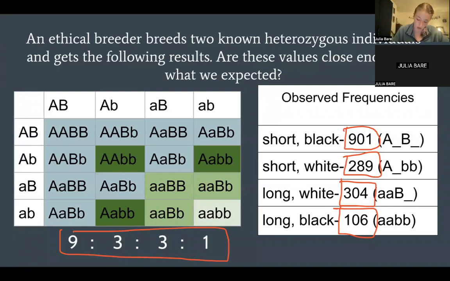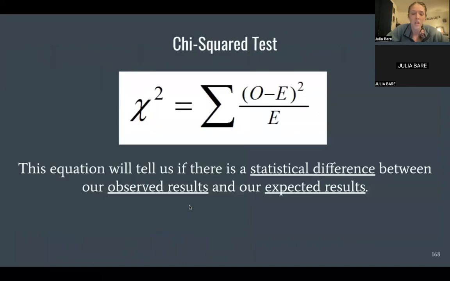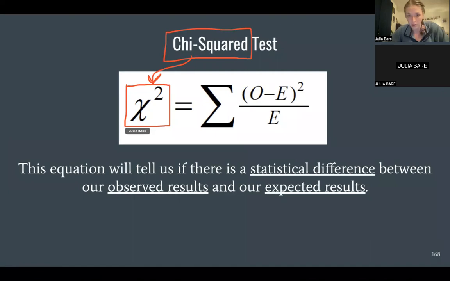This is where the chi-squared test comes in. Now, this equation looks intimidating. I promise it's very, very simple, all right? When we are analyzing this equation, this X squared value, this is the chi-squared symbol, all right? Now, this symbol here, the sort of funky looking E, this is the symbol for the sum of.